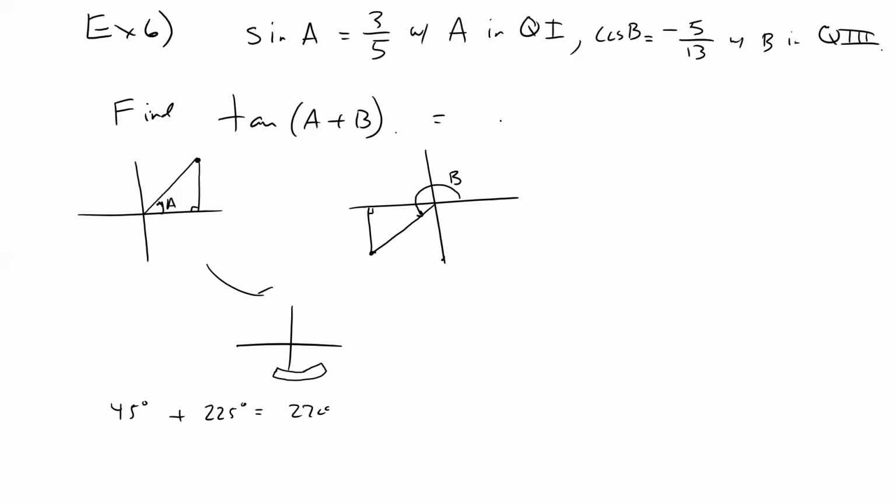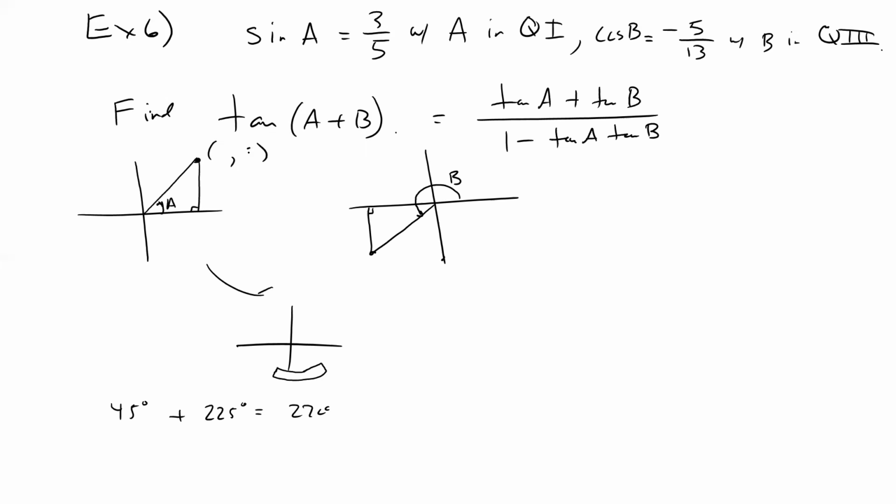So the formula is tangent of A plus tangent of B, over 1 minus tangent of A times tangent of B. There's my little formula. And I don't know any of those. I just have a ratio for sine. That's all I got. I'm adding up two angles I don't know in order to get the tangent ratio. So let's try this here.